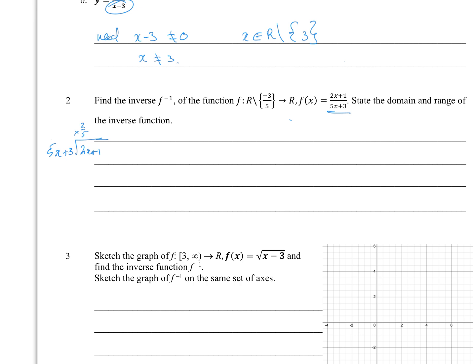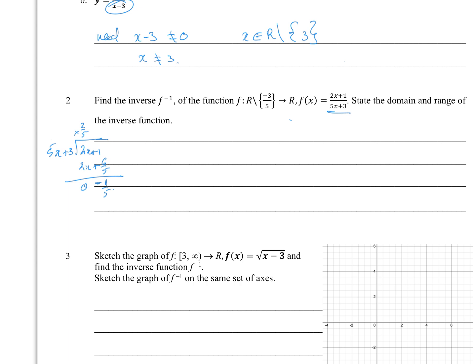So 5 times 2 is 10, divided by 5 is 2. So 2/5 times 5x will give me 2x. 2/5 times 3 is 6 on 5. If I subtract them, 2x minus 2x is 0, which is good. 1, which is 5 on 5, minus 6 on 5 is minus 1 on 5.